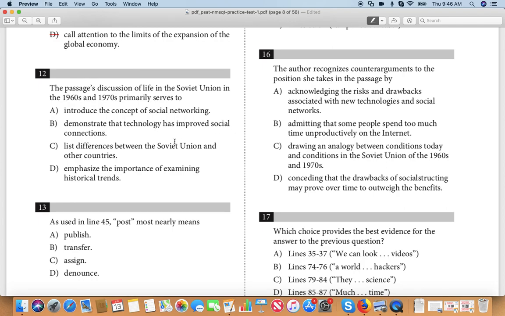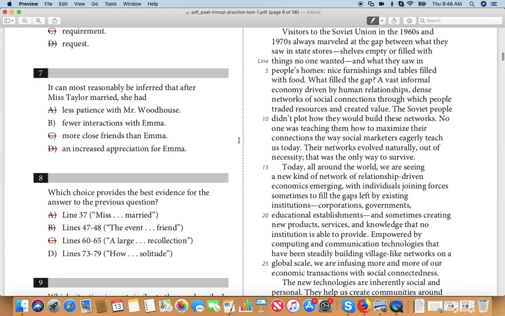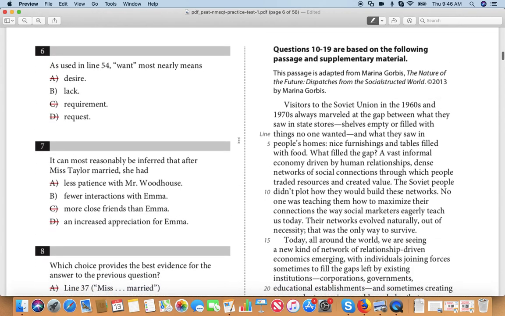Let's read answer choice B. Demonstrate that technology has improved social connections. Okay. Is the primary purpose of that passage to demonstrate that technology has improved social connections? Let's go back to that paragraph and see if we can find some evidence to support that or maybe eliminate that.